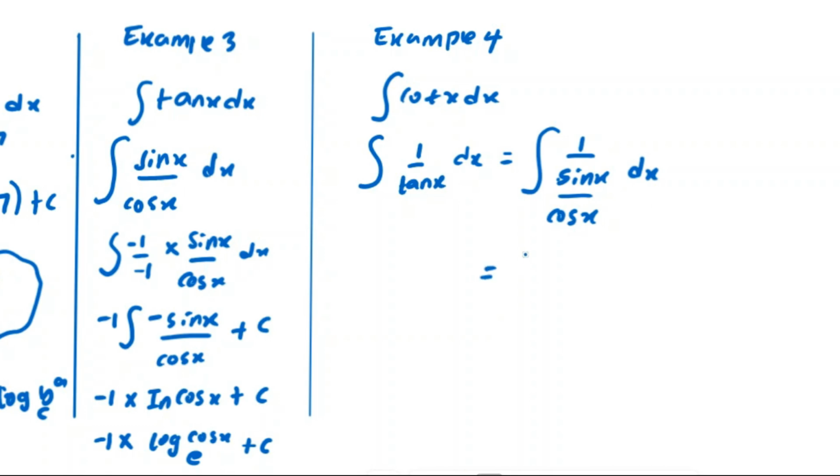The reciprocal of sine x over cos x will give us cos x divided by sine x dx. Now, when we differentiate sine x, we are definitely going to get cos x. So basically, this will just give us ln sine x plus arbitrary constant c.